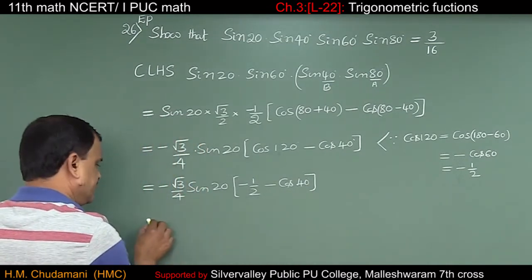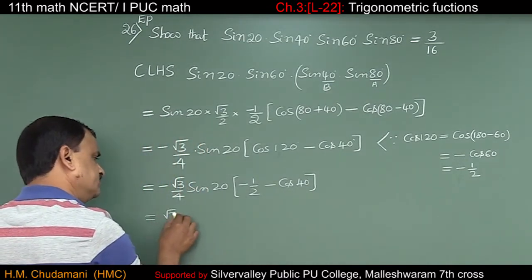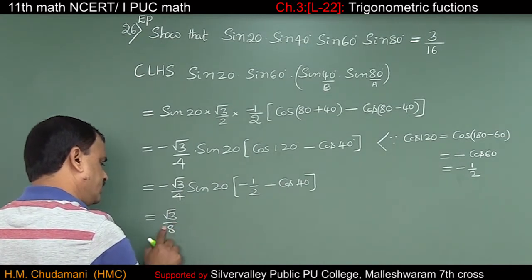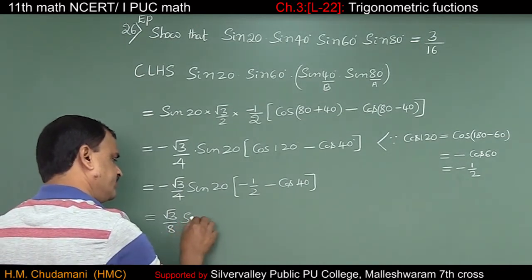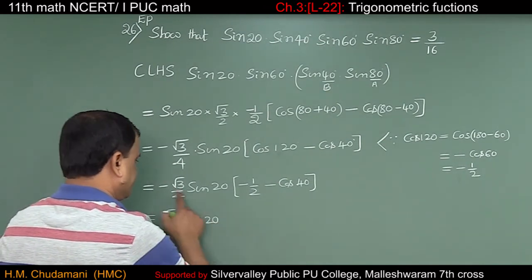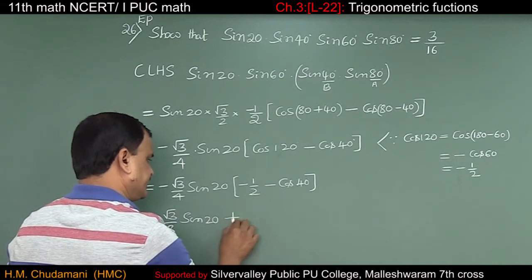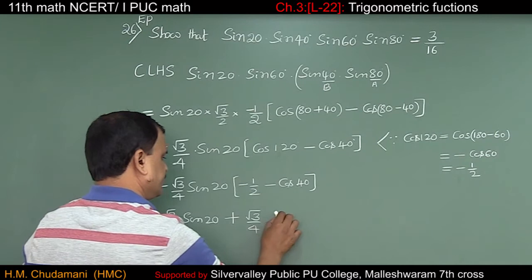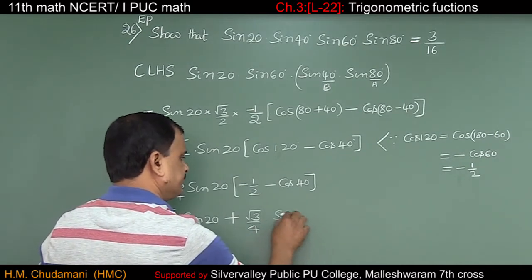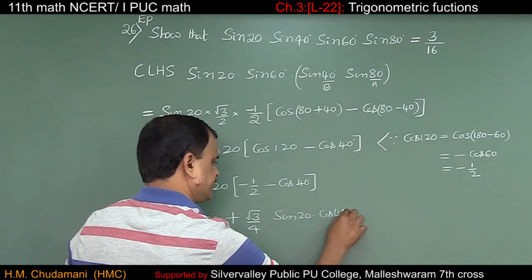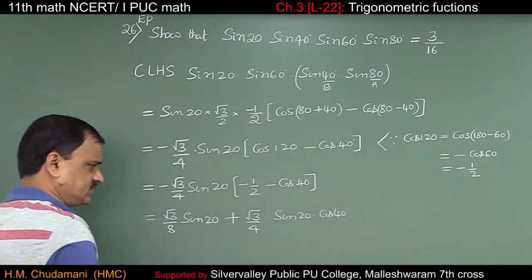Multiply minus into minus, plus. Root 3 by 4 into 2 is 8, sin 20, plus root 3 by 4 into sin 20 into cos 40.